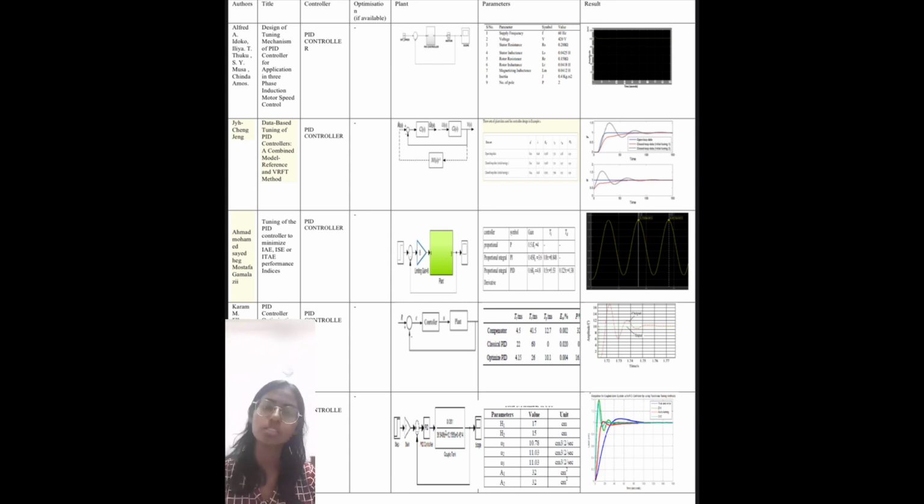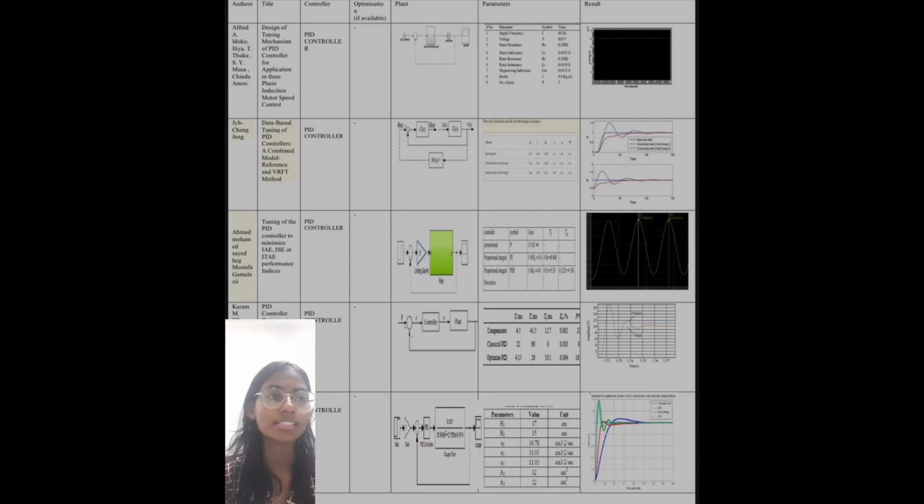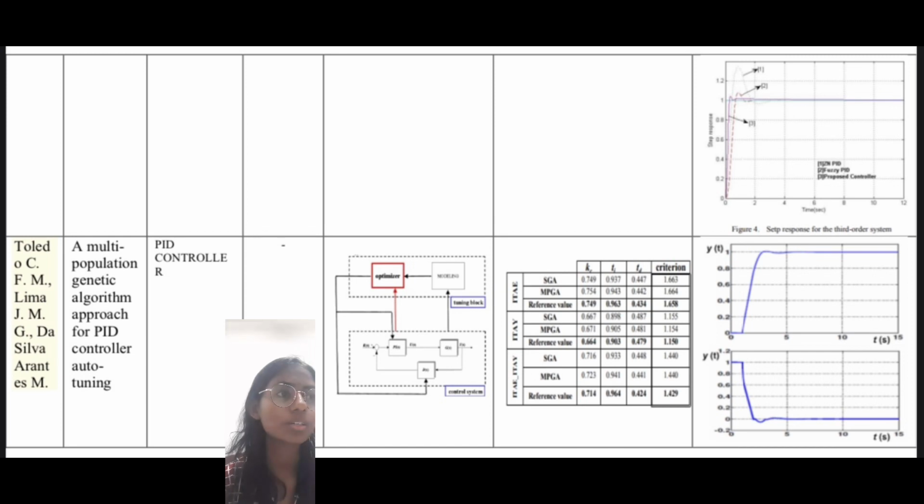The controller used is PID controller, and the parameters for this project include supply frequency, voltage, stator resistance, stator inductance, motor resistance, rotor inductance, magnetizing inductance, inertia, and number of pole. It also has a plan of set speed, PID controller, motor and scope, and it has results which stand in times and amplitude.